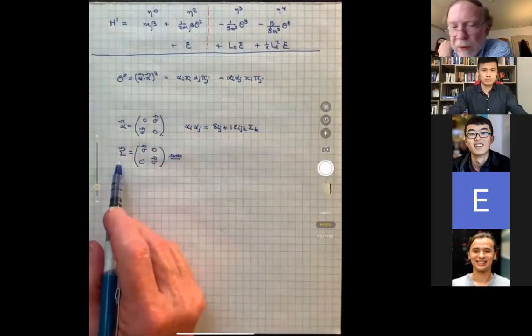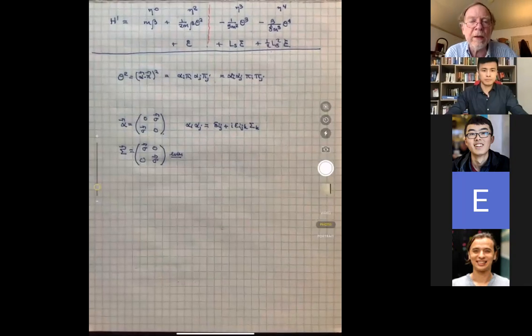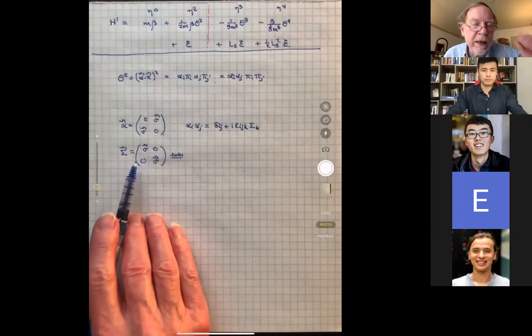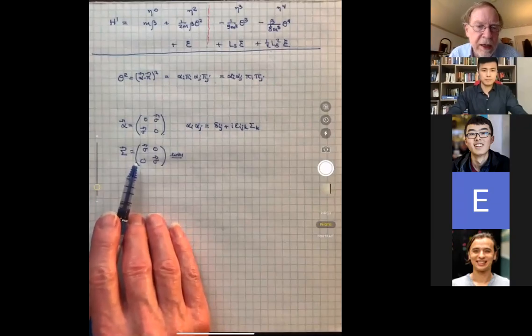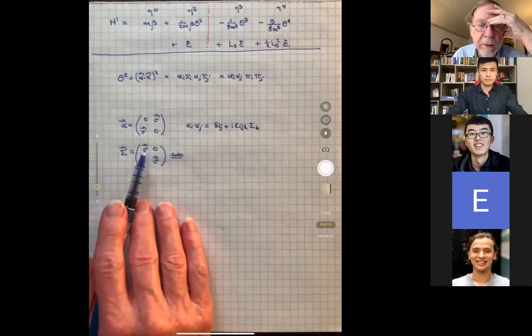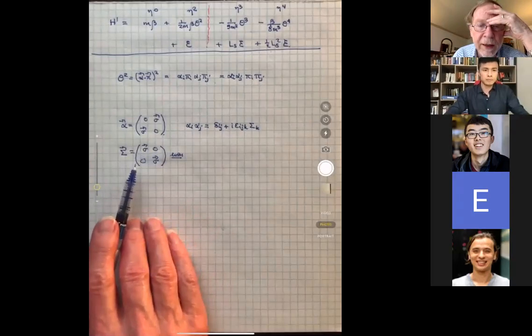I'll remind you that capital sigma arose initially, at least in my lectures, about one or two lectures ago, as the generators of spatial rotations when it comes to those D matrices that transform the Dirac equation. Basically, they generate Pauli two-component spinor rotations on the diagonal and then zeros in the off diagonal.